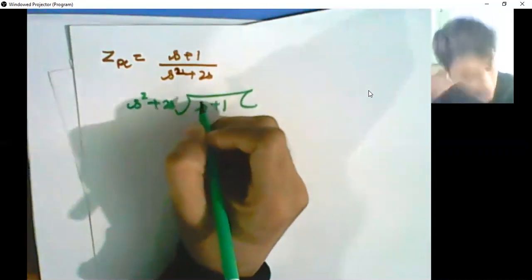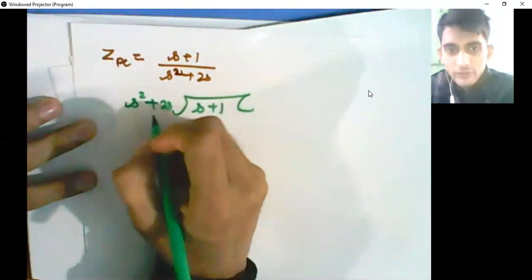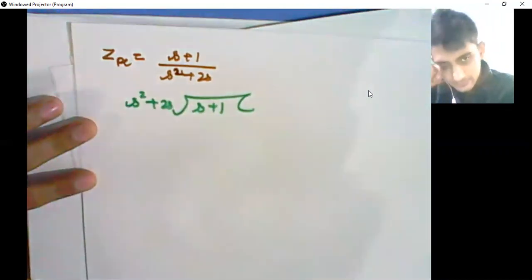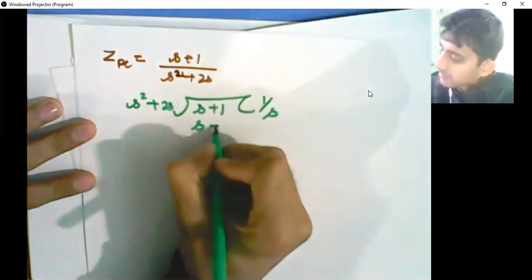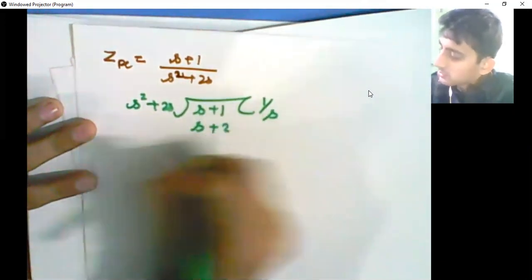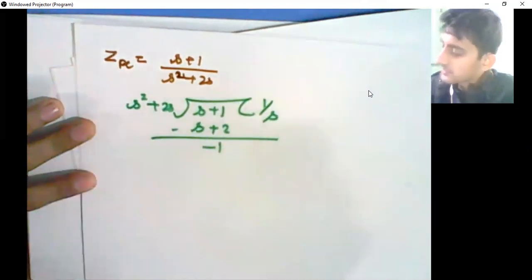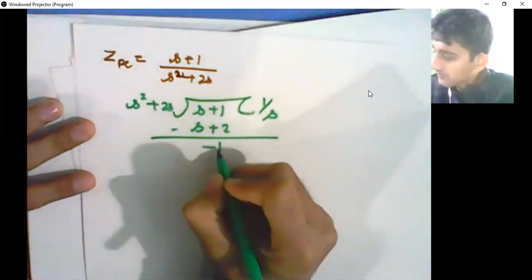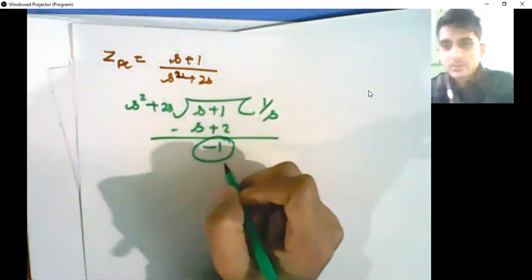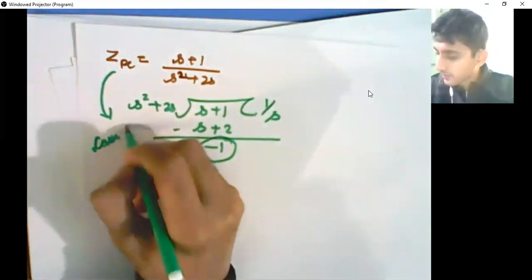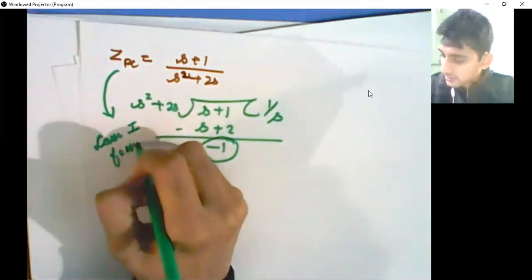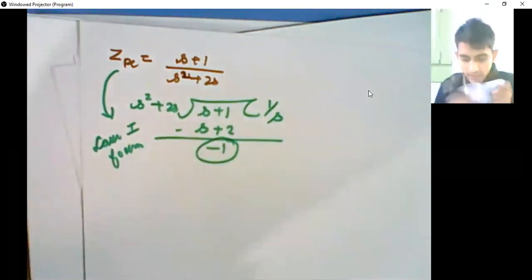Okay, so what you will have to do is you will first have to multiply it with 1 upon S. You'll be left with S plus 2S upon S. क्या हो गया 2. So एक आ गया हमारे पास -1 after taking negative here. So you have -1 now. So that's a problem. So for this ZRC you cannot take Cauer 1 form. Okay, you cannot take Cauer 1.